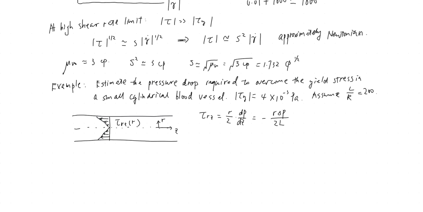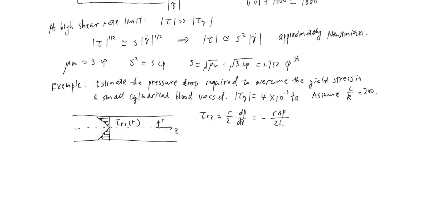So you can see that at the center line of the blood vessel, the theoretical shear stress is 0. So 0 is always less than the yield stress. So you know on the center line there won't be any fluid motion. It behaves like a solid.